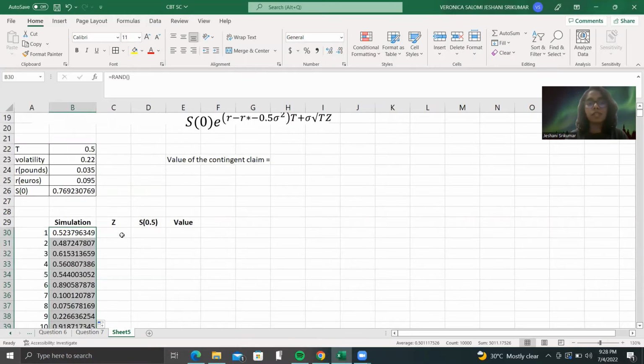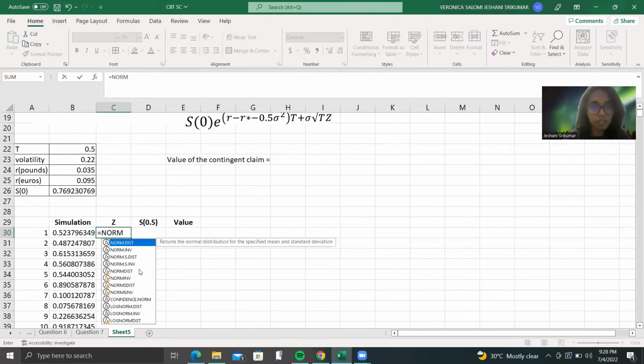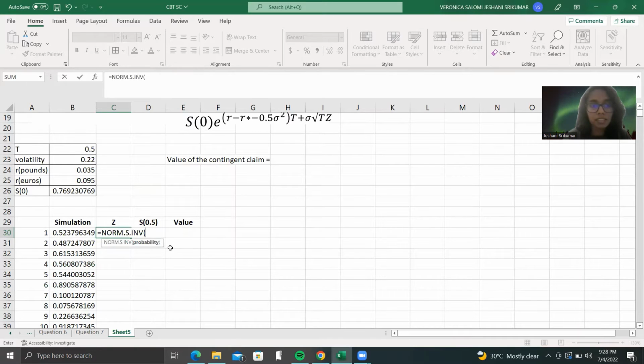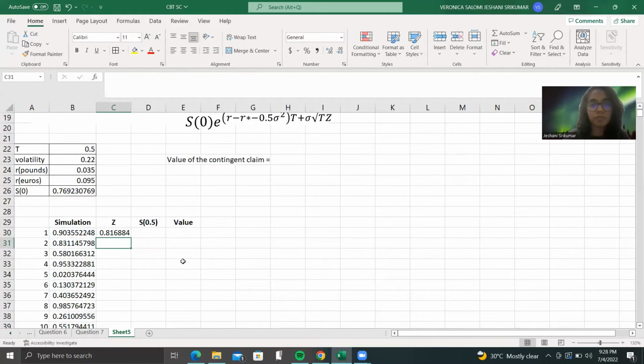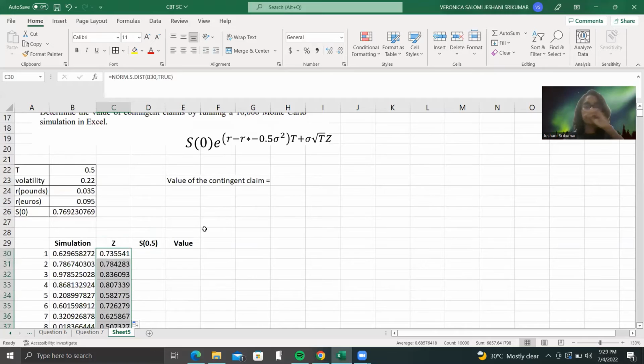After this, we have to find the Z value. For the Z value, we can use the Excel function NORM.S.INV, which is this one. We want the inverse normal of the random value, and we can do this for all the values. To find S, which is the price, we can follow this equation over here.